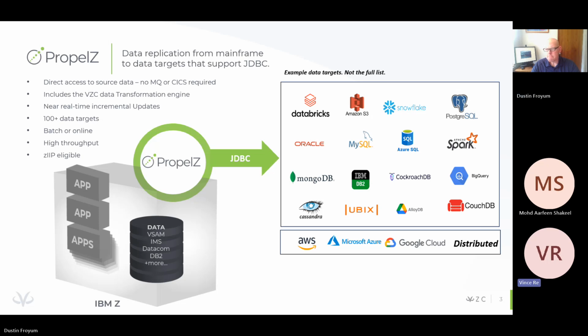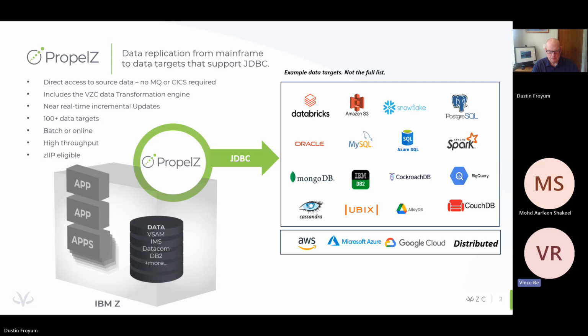Yeah. So PropelZ is basically a transactional way to move data from mainframe to really just about anywhere. Typically when we talk about PropelZ, we describe it as a three-stage process. There's an ingestion phase. Where do you want to get the data from? Often we talk about that as file data, VSAM files or whatever.